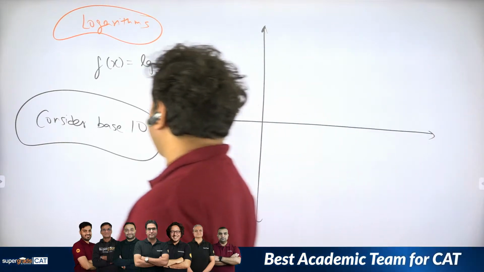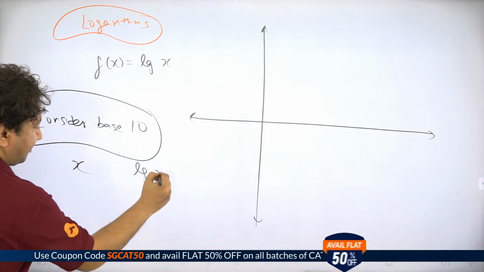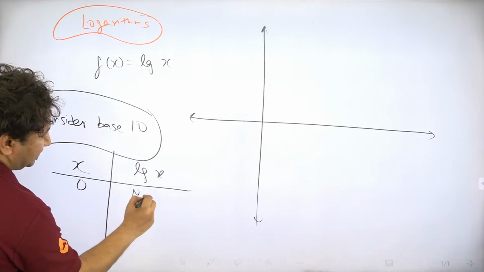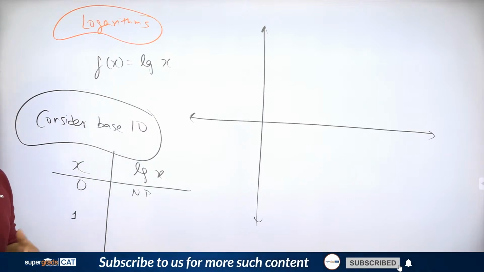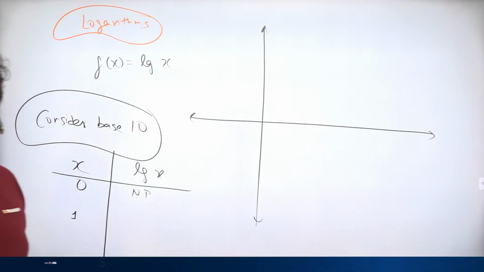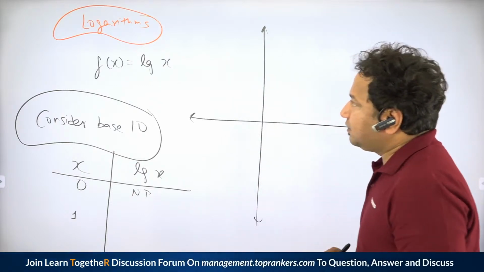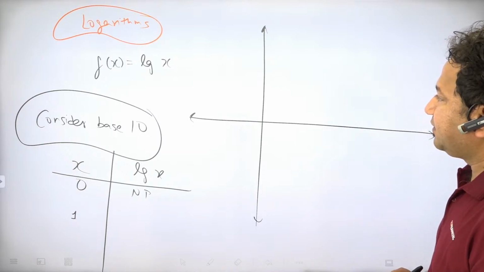Now, if I draw a table, x equal to 0 is not possible. If I take x equal to 1, log of 1, so which power of 10 gives 1? Power 0. 10 to the power 0 is equal to 1. So, what does that mean?